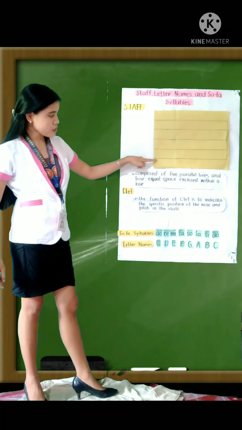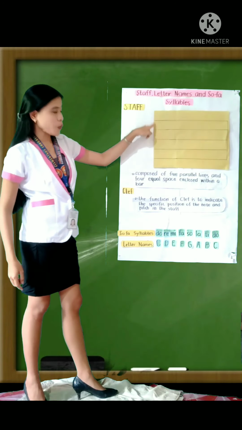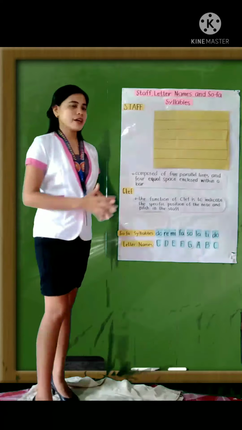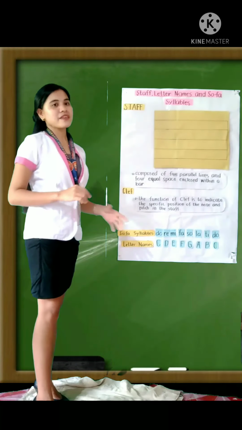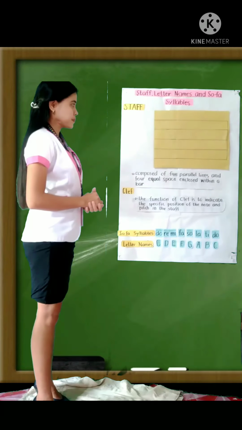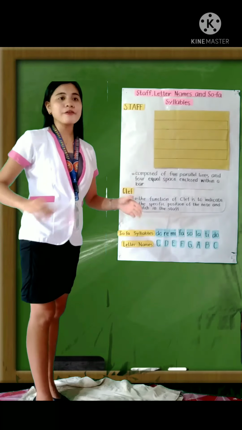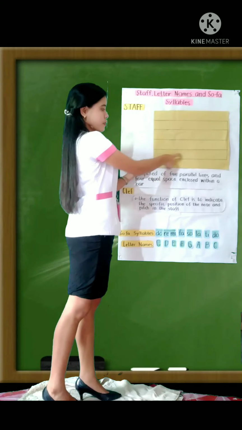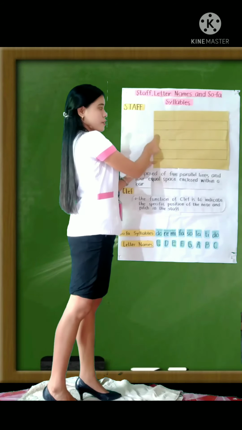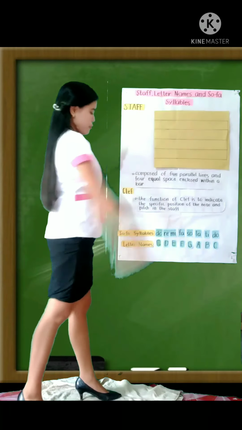So here are the lines 1, 2, 3, 4, and 5. How about the equal spaces enclosed within a bar? How many? 4, Mom! Very good. There are 4. So okay, let us count. 1, 2, 3, and 4.